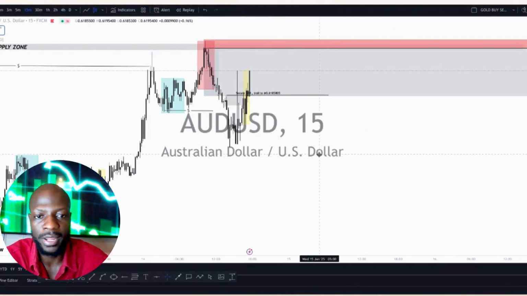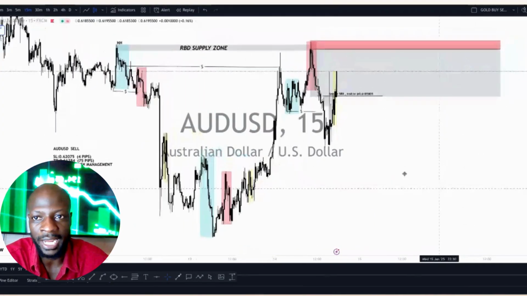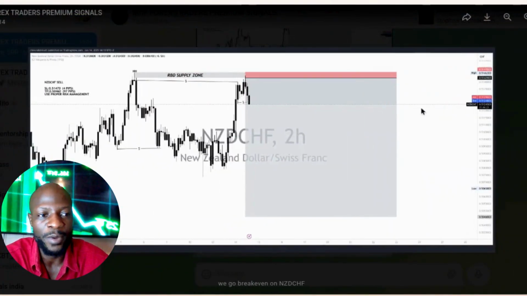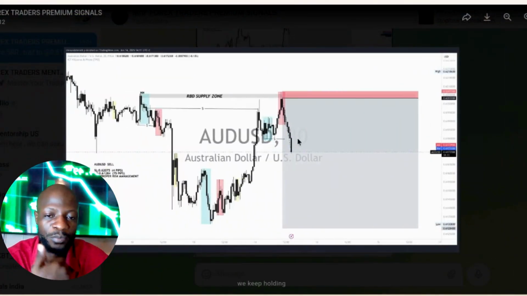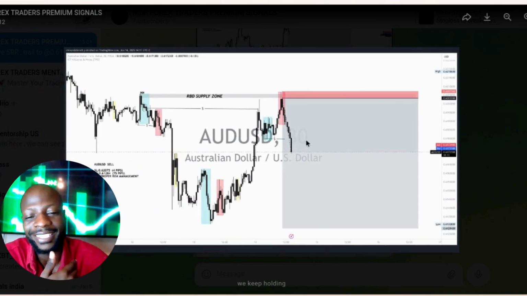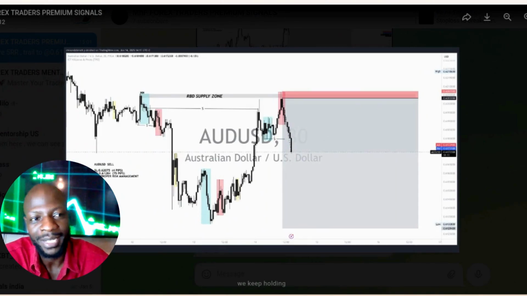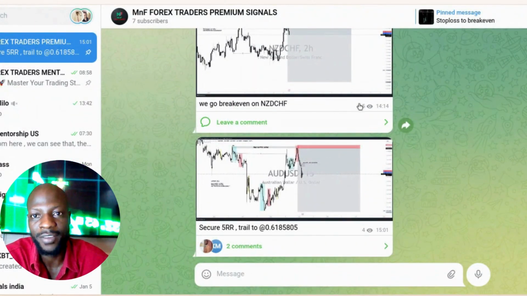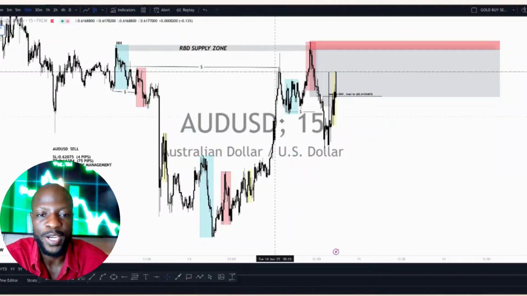It was really a beautiful trade. I love the way it was moving right here. Before this, the market was really promising, it looked like it was going all the way to the take profit. But like I always say, no one knows what's going to happen in the market. So as soon as you have an opportunity to make some money, make sure you pay yourself.